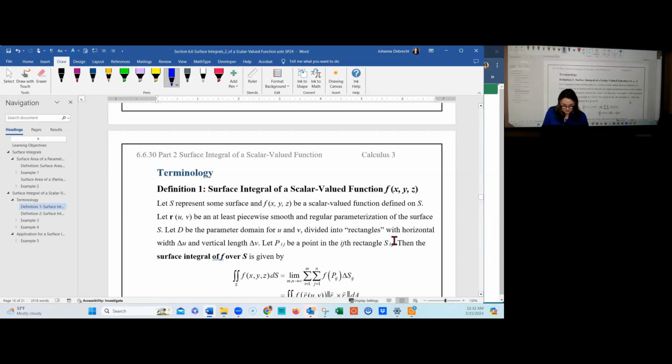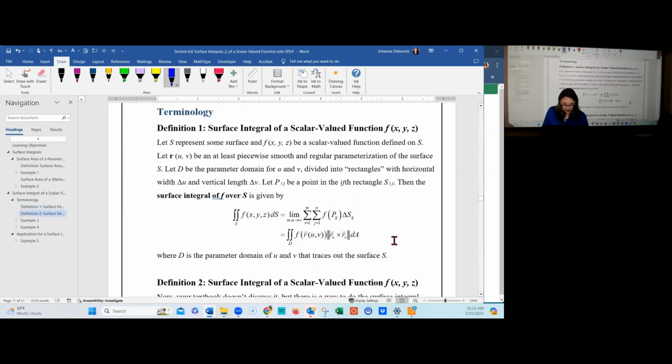Once we do that, we'll be able to take a Riemann sum as the number of cuts increases. The number of cuts goes to infinity, which means the width of each cut goes to 0. And we're going to evaluate this function of the parameterization multiplied by the magnitude of the normal vector, with respect to A.